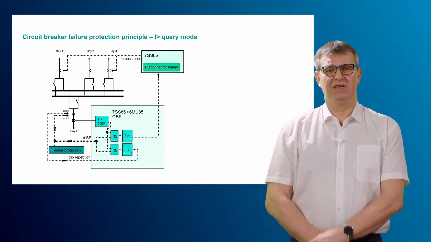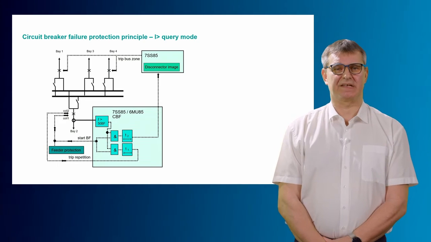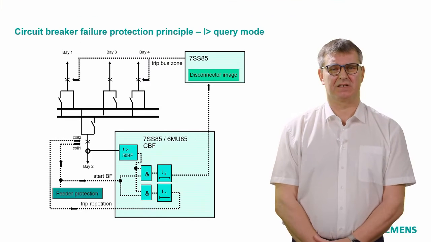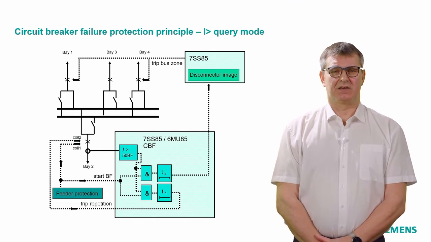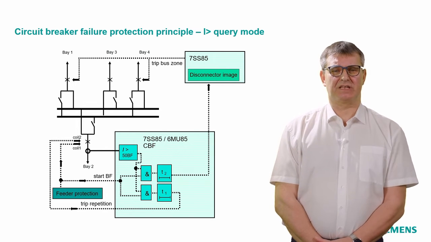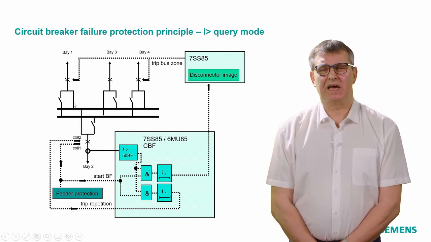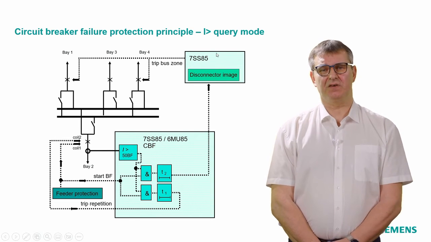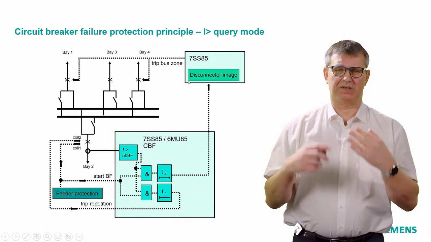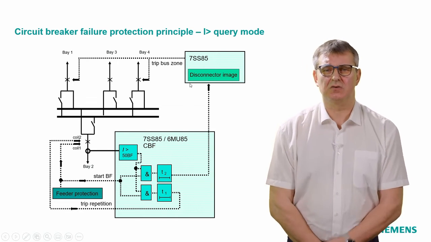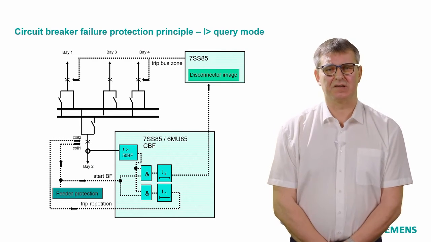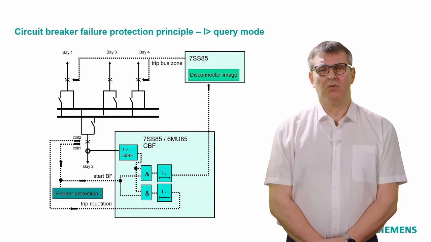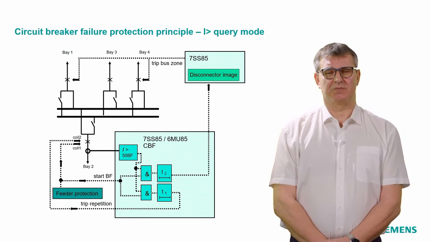I have here a short example. We see here a double busbar with 4 feeders, and we have a 7SS85. It could be a centralized busbar protection, or it could be the central unit of distributed busbar protection with an integrated disconnector image.